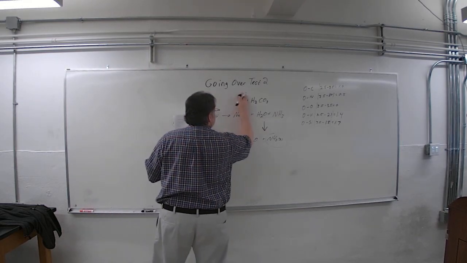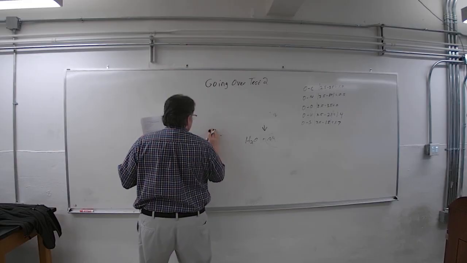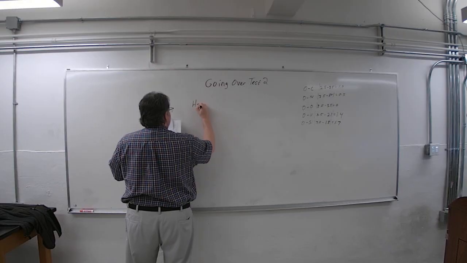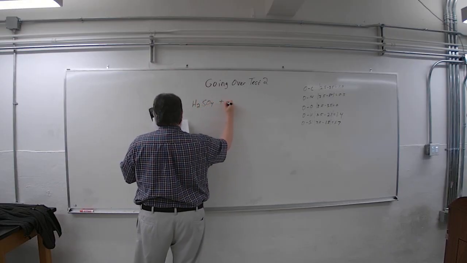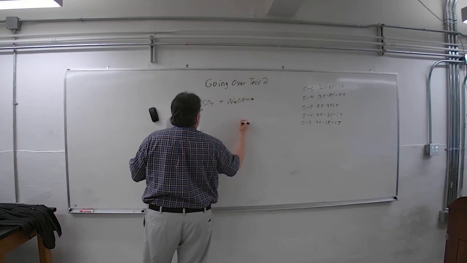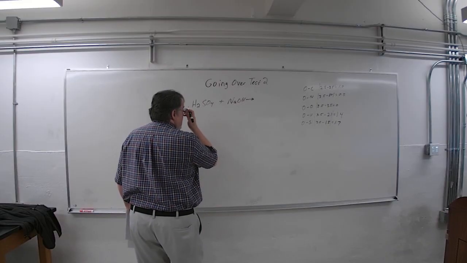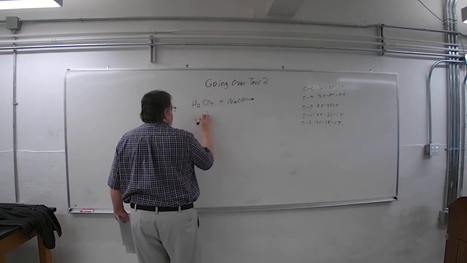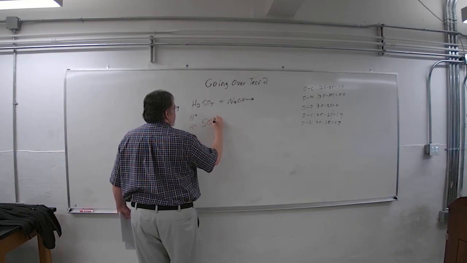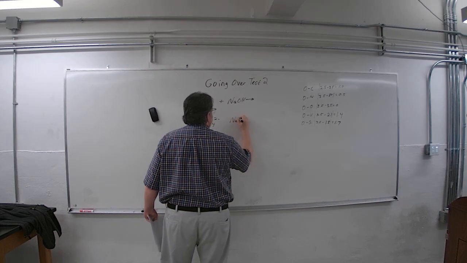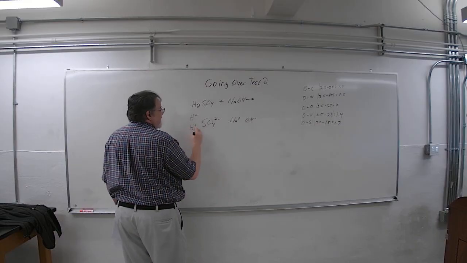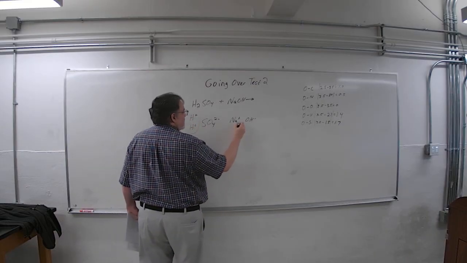Acid-base reaction. So the products here, to balance it, this is going to split out into H plus and SO4 2 minus. And this splits into Na plus and OH minus. So to make our water, we've got these two hydrogens and this OH.